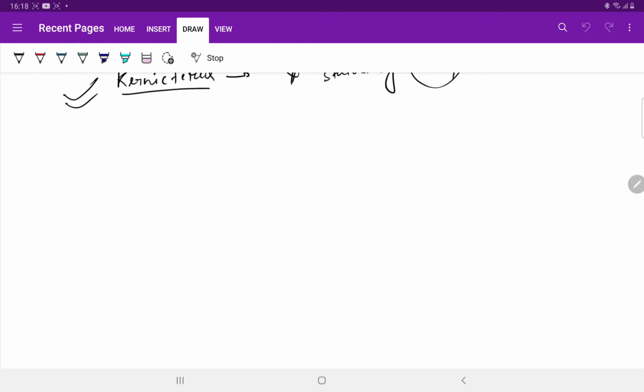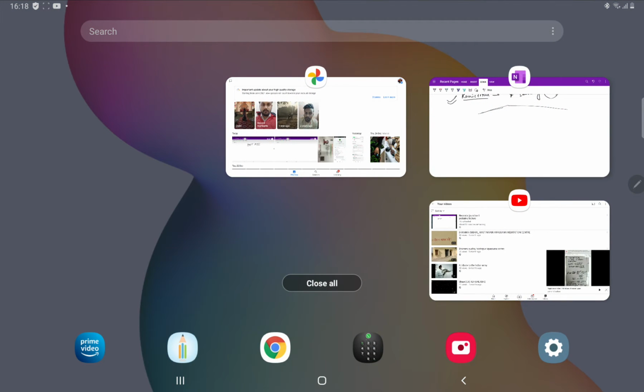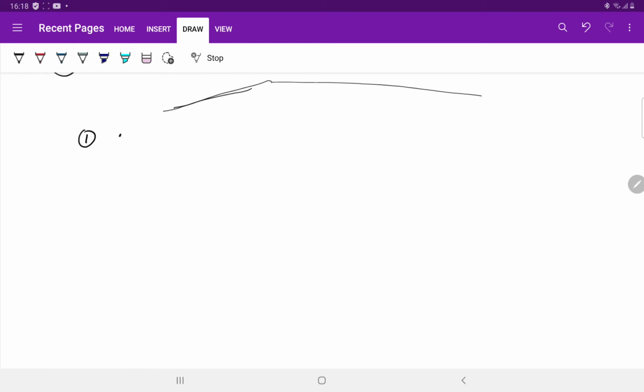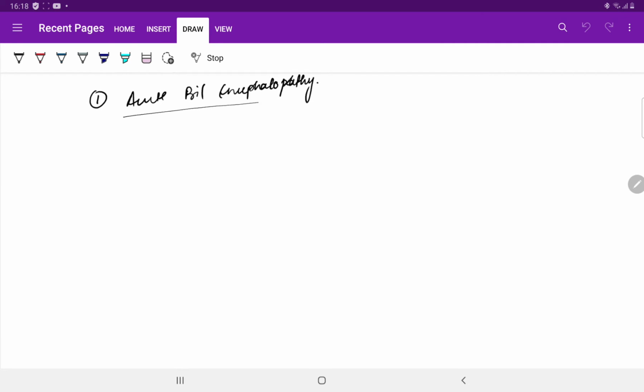Now in bilirubin encephalopathy, there can be two forms. The first is called acute bilirubin encephalopathy, and there are early features and then there are late features.